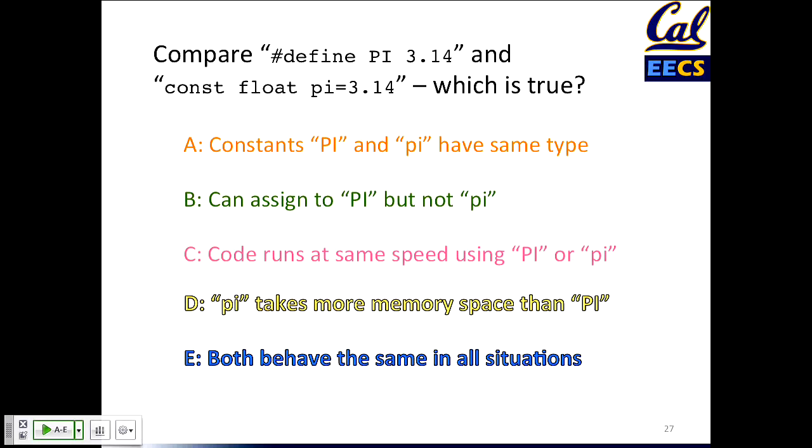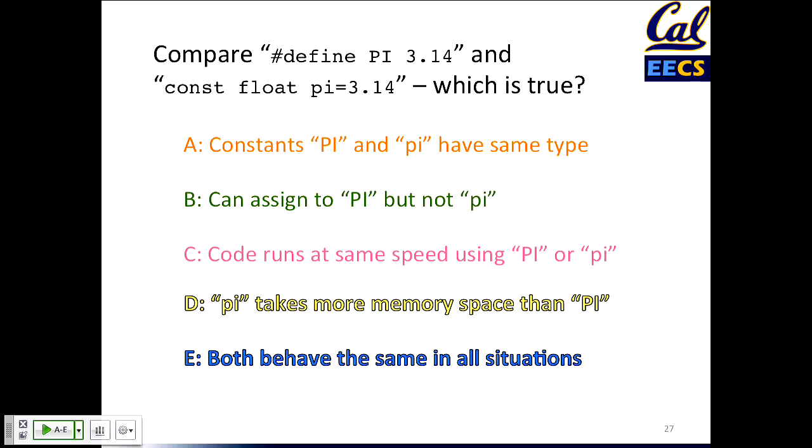All right, so I'll just explain the question. There are 2 different ways I've mentioned about defining constants in C code. The first one is using the preprocessor, hash define PI is 3.14. Another way you can do it is by using the const declaration, const float pi equals 3.14. So which of the following 5 statements is true? I'm using capital PI for the preprocessor version and lowercase pi for the const version.